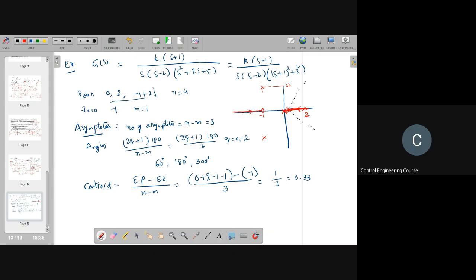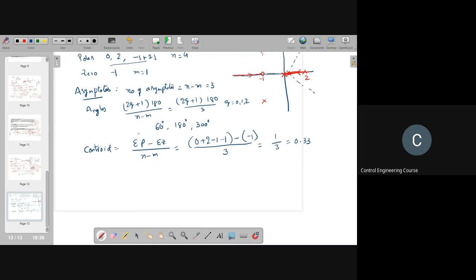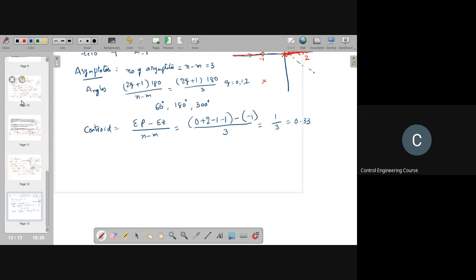Then after marking poles and zeros, the next step is breakaway points. You need to calculate the breakaway and break-in points. For that, we need to solve dk by ds equal to 0 using the characteristic equation.